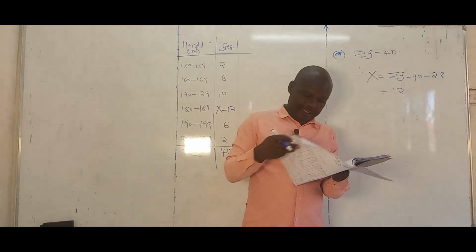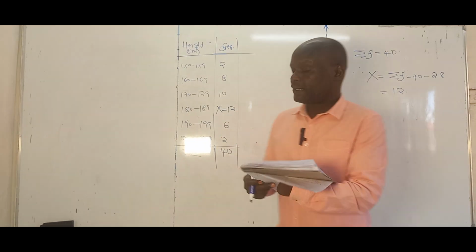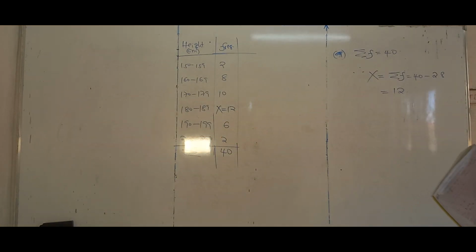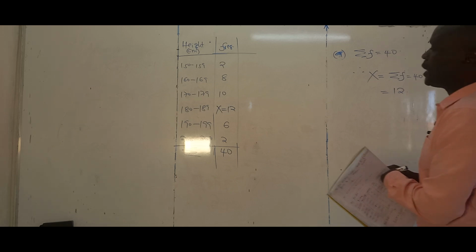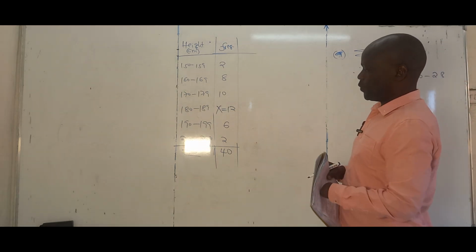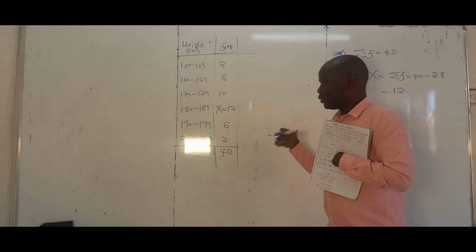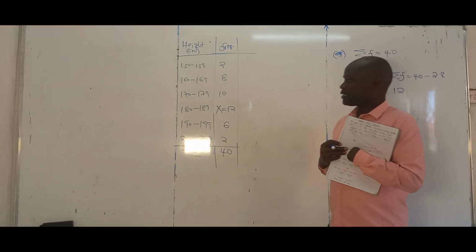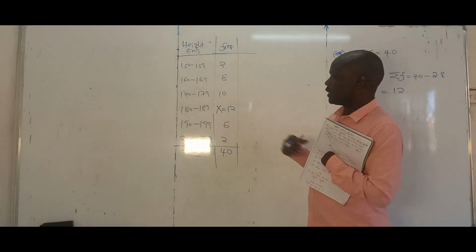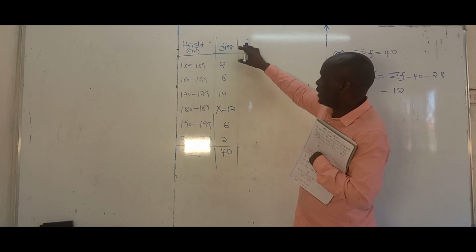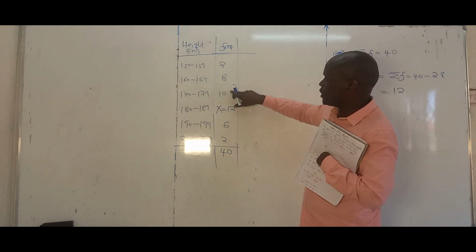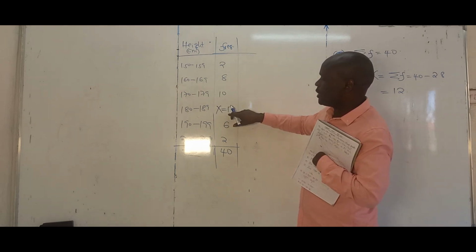So the next question is, state the modal class. Now, the modal class has to be the class with the highest frequency. So if you want to get the modal class, you look at the class that has the highest frequency. If we check along the frequency column, we see it is 12.